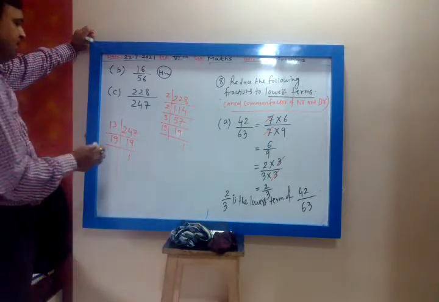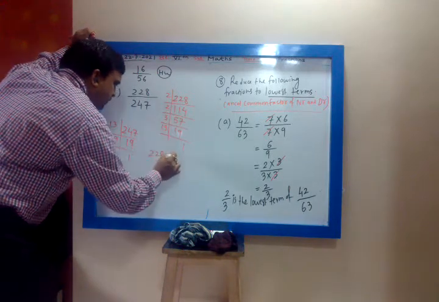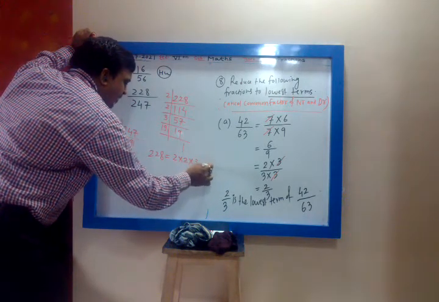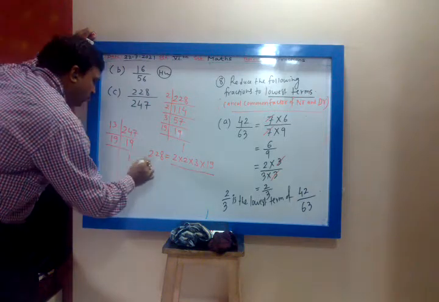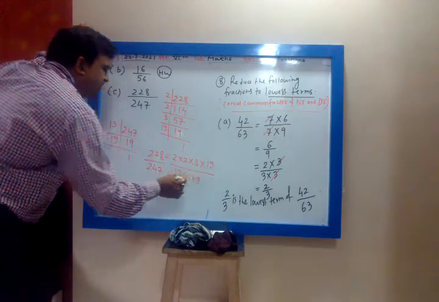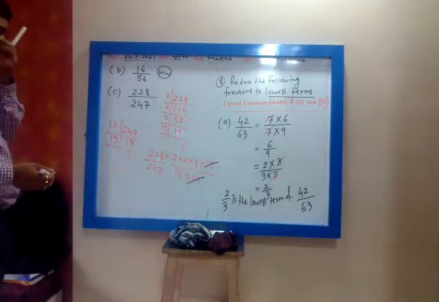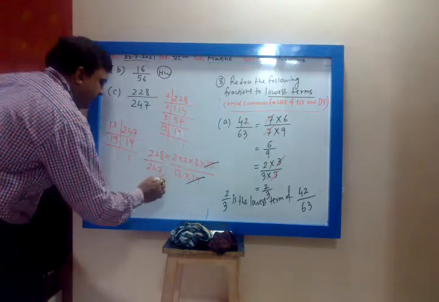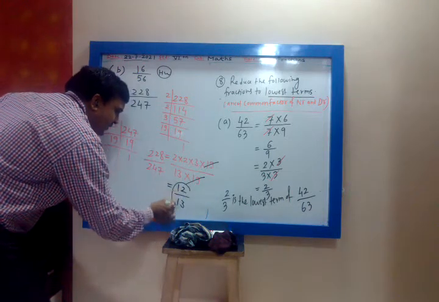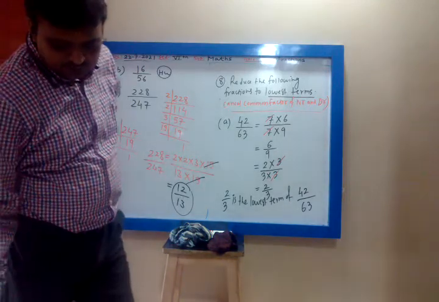So this 228, I can write 2 into 2 into 3 into 19, and 247 I can write 13 into 19. Now what is common in them? 19 gets cancelled. So what is left? 2 2s are 4, 4 3s are 12. 12 upon 13 is the answer. The lowest term is 12 upon 13. Yes, understood?